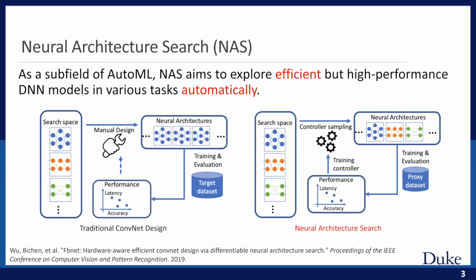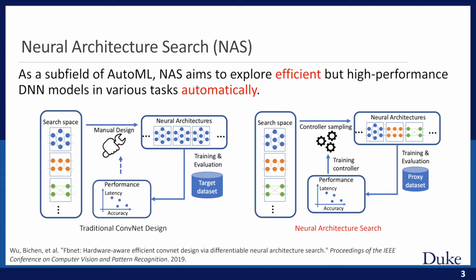It is a common approach in designing state-of-the-art DNN architectures in order to address the needs of various AI applications. So basically, when we're talking about the traditional DNN architecture designs, they tend to manually tune the network structures and then empirically find the best solution that can meet the target dataset's requirement.